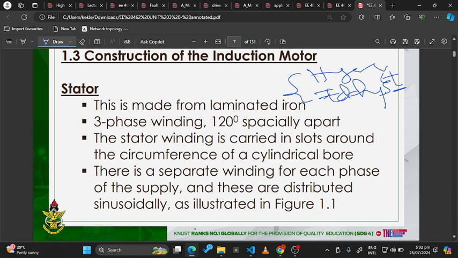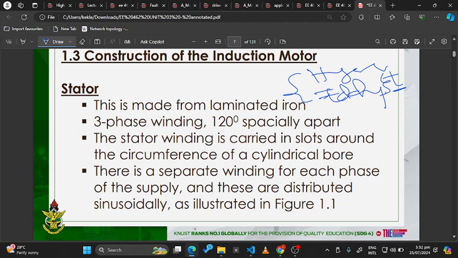Then I said earlier the stator has windings. For induction motors, the stator carries the field windings. But for synchronous machines, the stator is the armature.